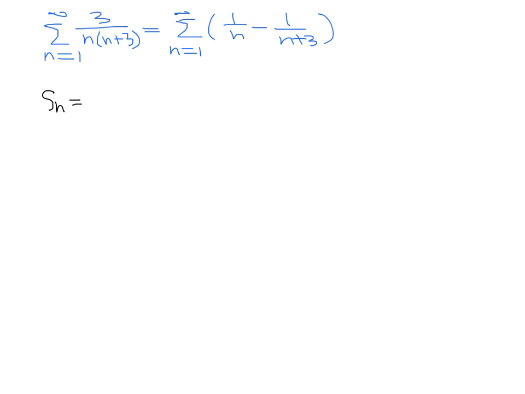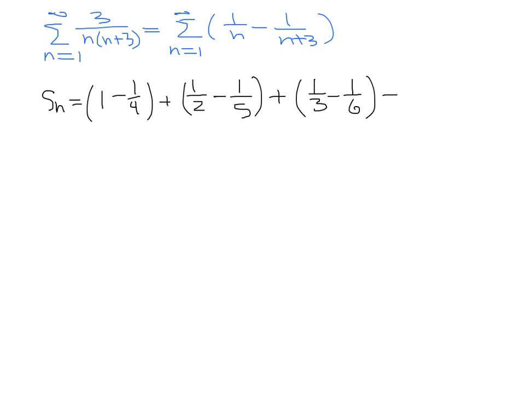So s sub n, when we plug in 1, the first thing we're going to get is 1 minus a quarter. And the next term we'll get will be a half minus a fifth. And the third term we'll get a third minus a sixth. And the fourth term we're going to get a quarter minus a seventh.